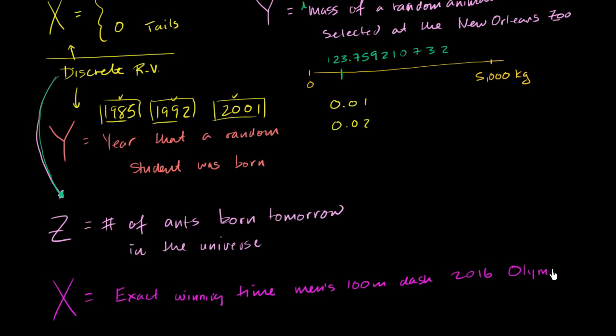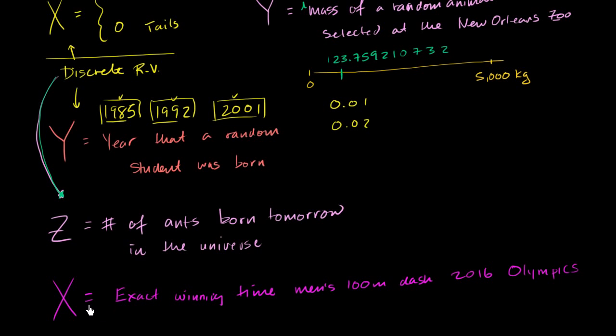So the exact time that it took for the winner, who's probably going to be Usain Bolt, but it might not be. Actually, he's aging a little bit. But whatever the exact winning time is, and not the one that you necessarily see on the clock, the precise time.